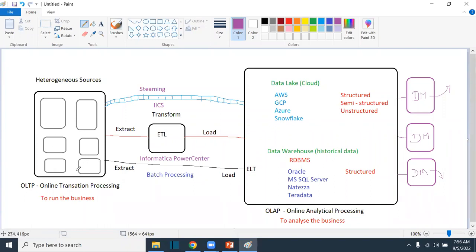So don't do any transformation logic on this OLTP side, because this system will not be available at all dates and times, right? So you can't keep hitting these servers. Do a one-time raw data replication here, stream the data here, and do all the analysis on this data lake side. That's what we go for in the ELT process.